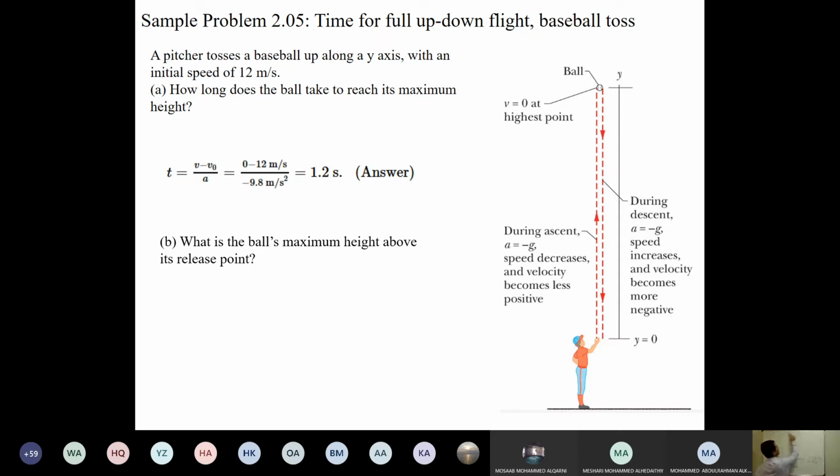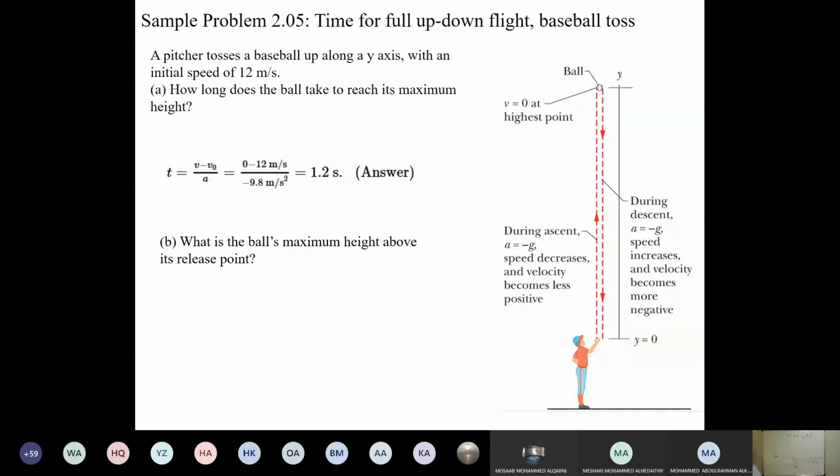Which equation of motion should we use now? x minus x naught equal to v naught multiplied by t plus half... So h, let's say for height we are using, h equals v naught t minus half g t squared. So this is the equation we are going to use.